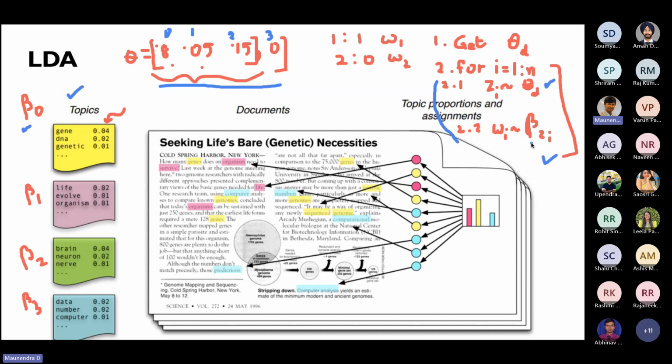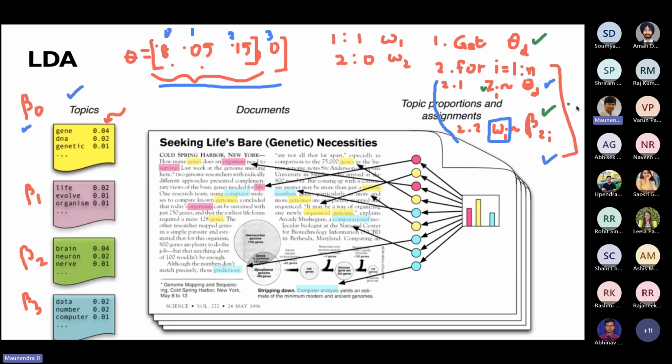Now, finally, when we look at this entire generated document, please note that these Wi are the only observed things. When we have the corpus, we know what the Wi are, but we do not know what theta is, what Z is, or what beta is. We'll reverse the process when we learn.